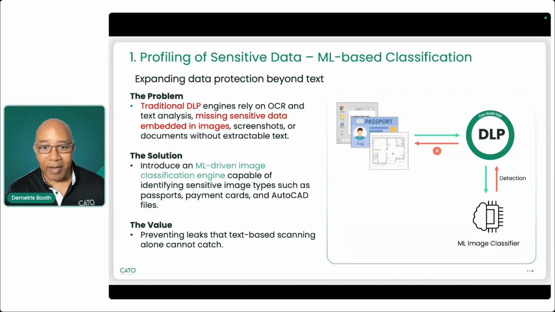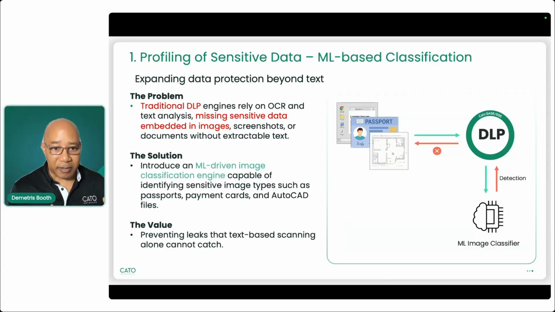But modern data leaks today don't always show up as clean data. They can show up as a screenshot of a passport photo or a photo of a payment card, or an AutoCAD drawing, for example, that never had any kind of extractable data to begin with.